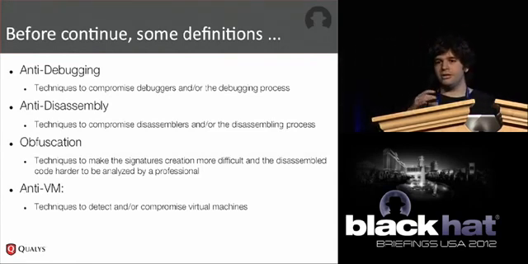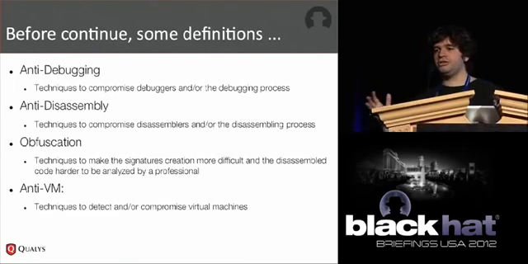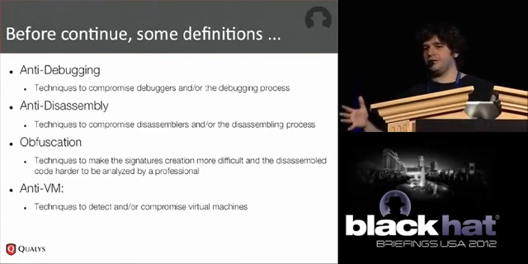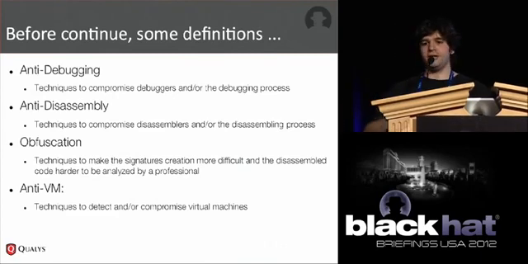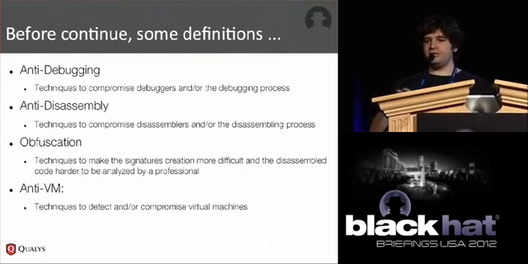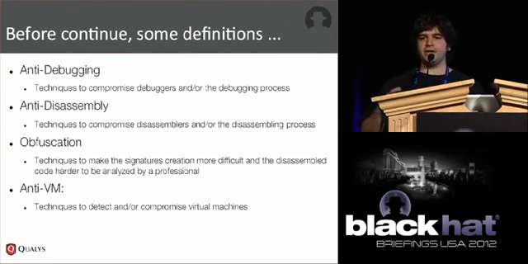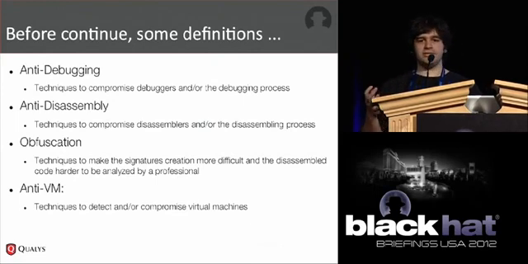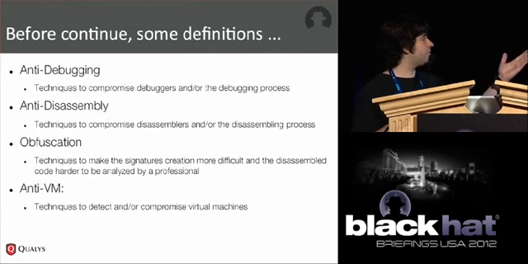Good morning. As this is a scientific presentation, it's important to make some definitions for everybody to have the same understanding of the topics covered here. So we based the work on 4 techniques, okay? Anti-debugging techniques are used to compromise debuggers or the debugging process itself. Analogously, anti-disassembly techniques are techniques that compromise disassemblers and the disassembly process itself.